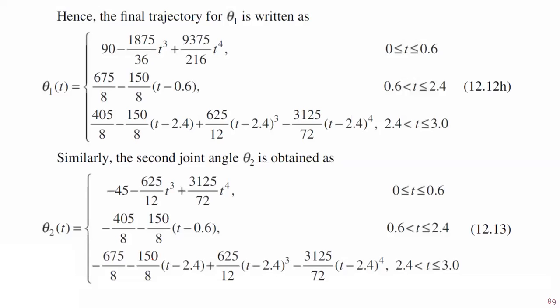Theta 2 is equal to minus 405 divided by 8 minus 150 divided by 8 into t minus 0.6, for 0.6 less than t less than equal to 2.4, and theta 2 is equal to minus 675 divided by 8 minus 150 divided by 8 into bracket t minus 2.4 plus 625 divided by 12 into t minus 2.4 bracket cube minus 3125 divided by 72 into t minus 2.4 bracket raised to 4 for 2.4 less than t less than equal to 3.0.